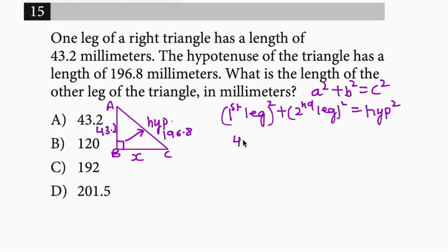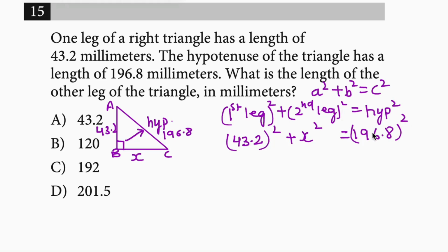Now let's put the values. If you write it this way, you will never forget that the is-equal-to square is always of the hypotenuse. So 43.2 whole squared plus x squared is equal to 196.8 whole squared.